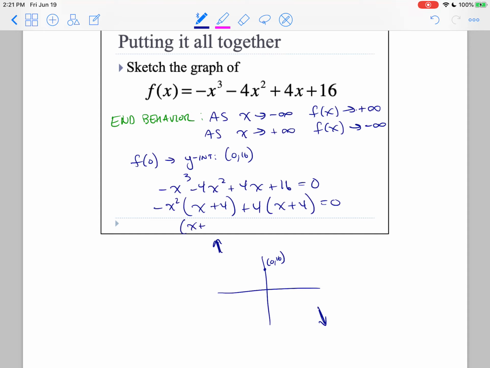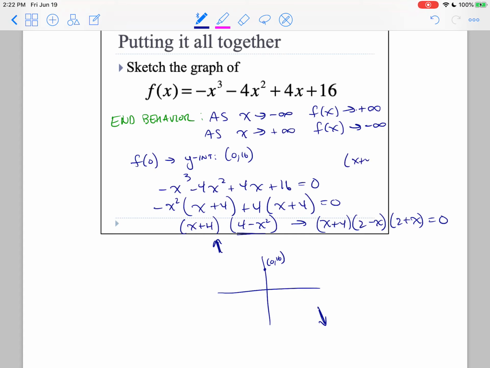And now I can factor an x plus 4 out of both of those terms, which leaves me with 4 minus x squared. And this is the difference of 2 squares, so I get x plus 4, and then I get 2 minus x, 2 plus x.